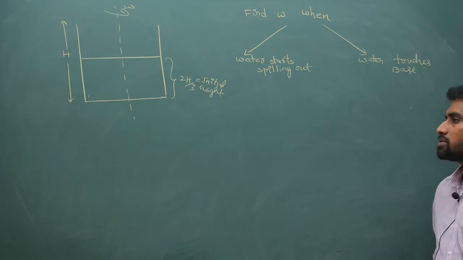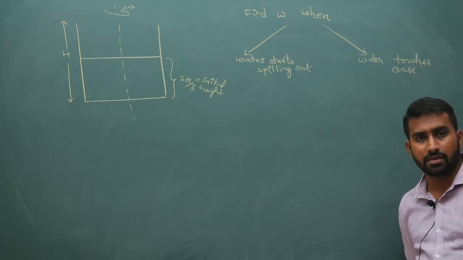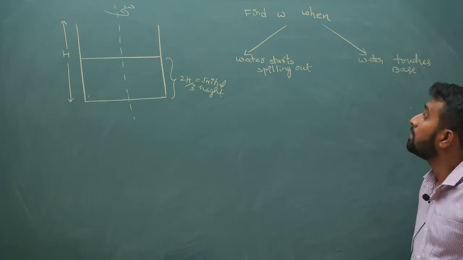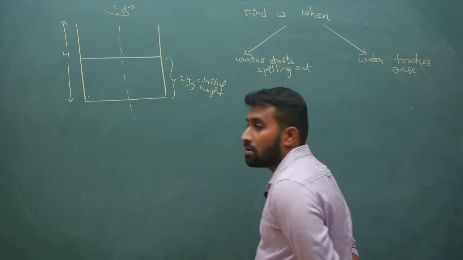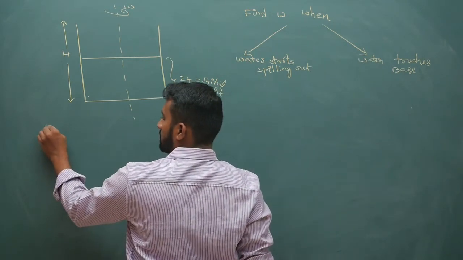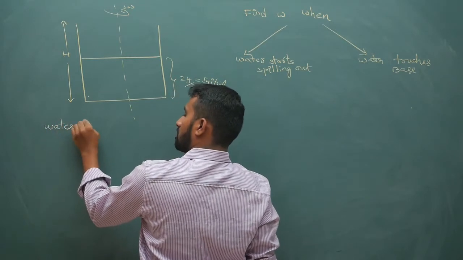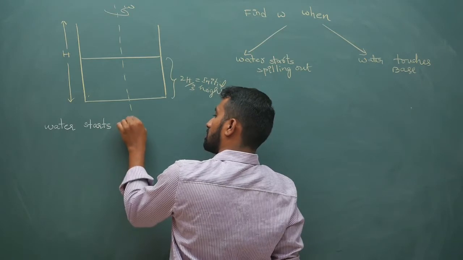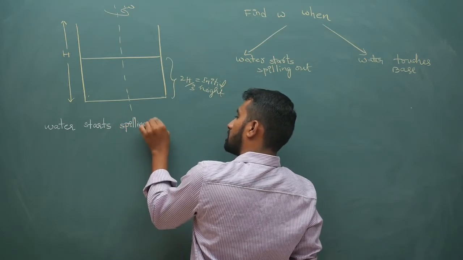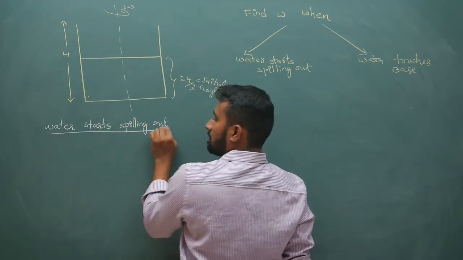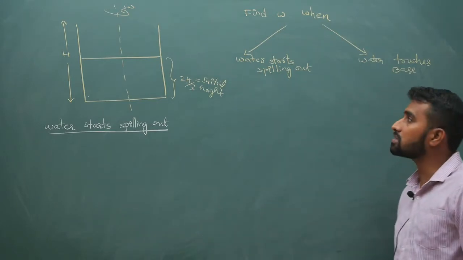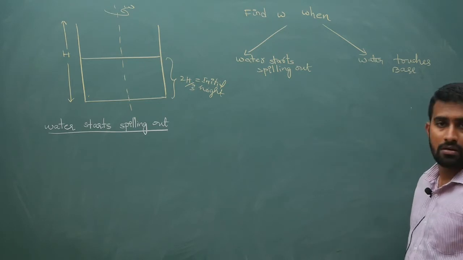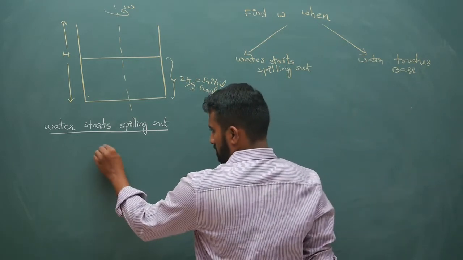Hope you have stopped the video and tried for a sufficient amount of time. I will finish off the solution. Observe carefully. Your first question is, water starts spilling out. I will give you the condition for water to start spilling out.